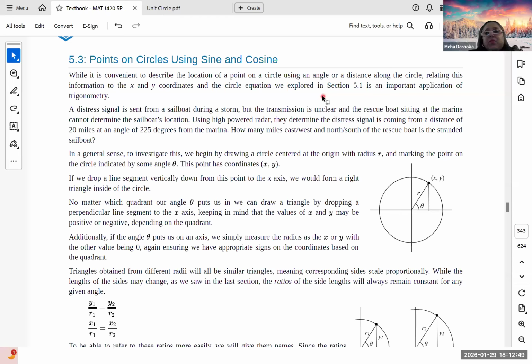We build on that, put it together, and come up with our application for trigonometry here.